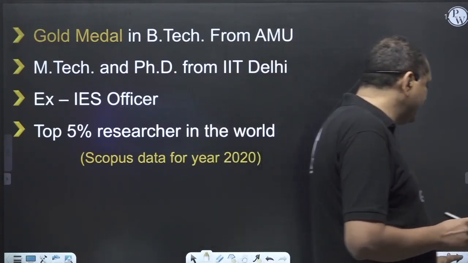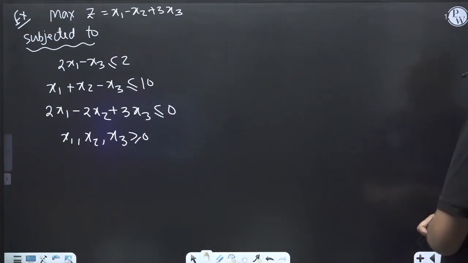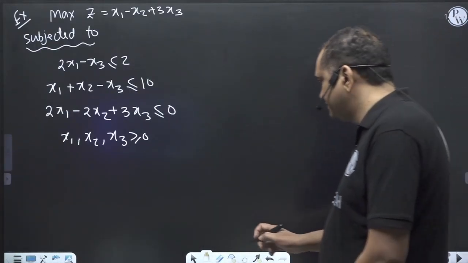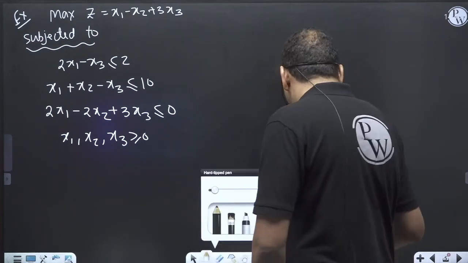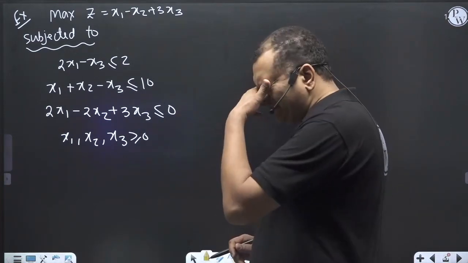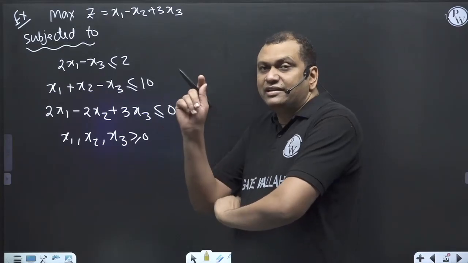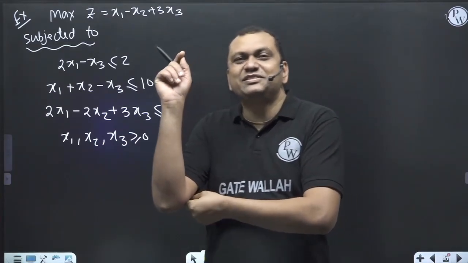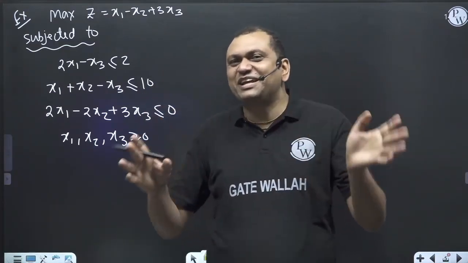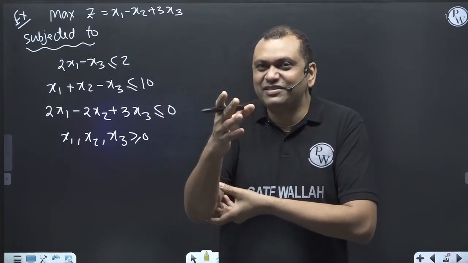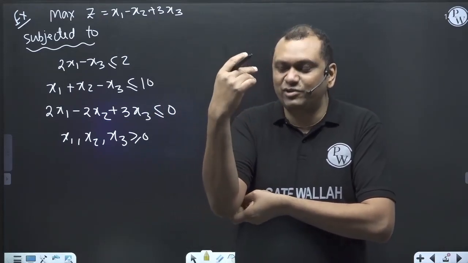So let us begin our discussion on Simplex. Let us see the first problem. Here there are 3 variables directly, because it's a one-shot series and we don't want to waste time. But if there is any question, please direct them to me.